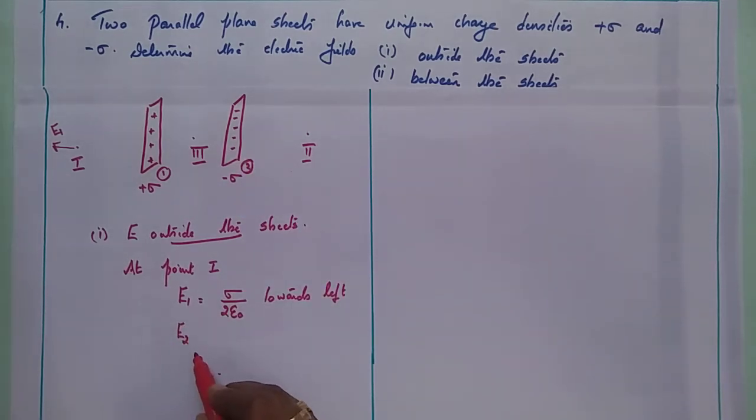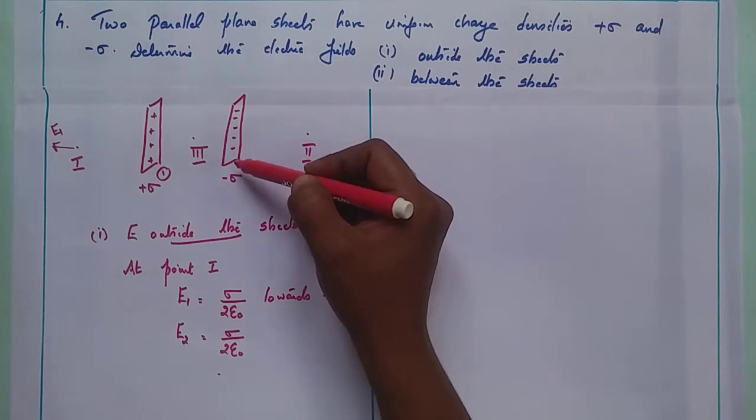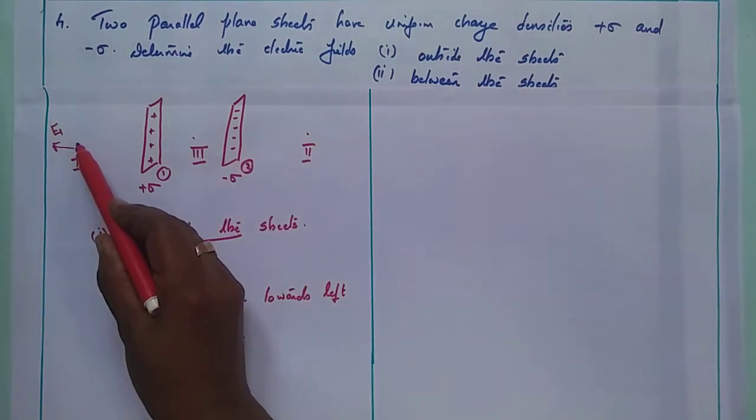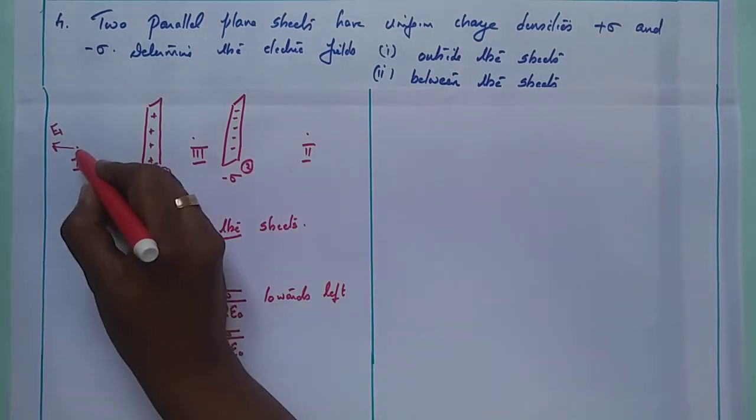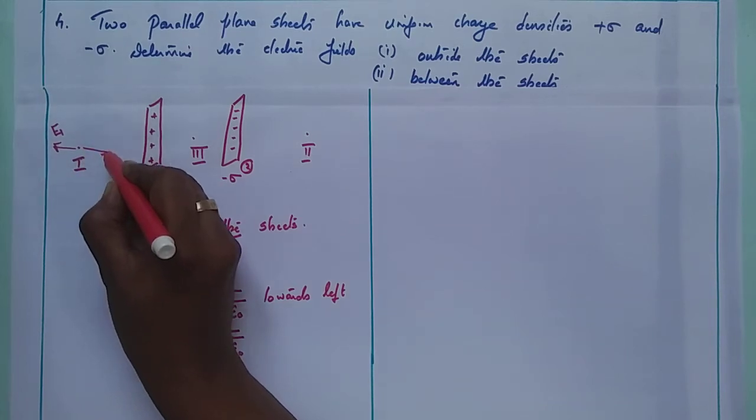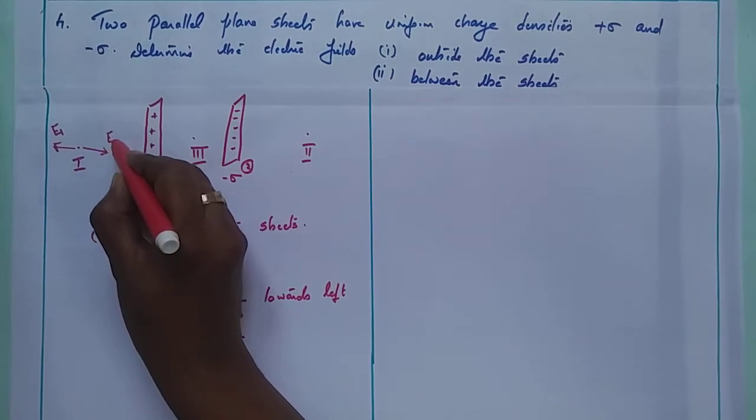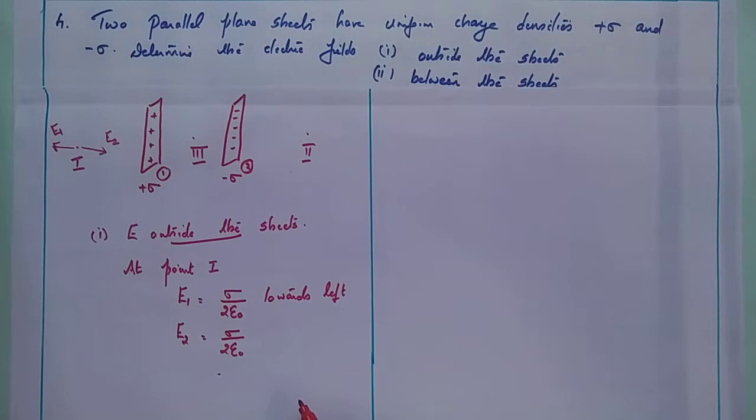That is given by E2. Formula is again sigma by 2 epsilon 0. And what is its direction? Due to this negative charge sheet, if you place a unit positive charge here, it will be attracted. So this will be the direction of E2. It is towards right.